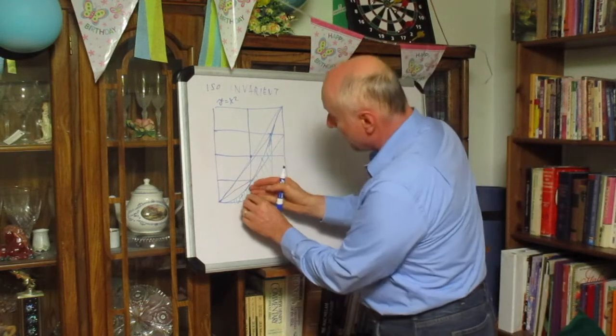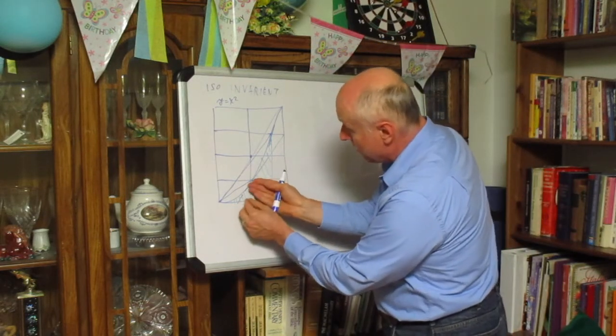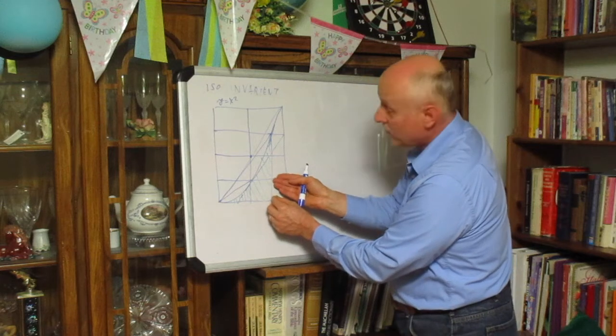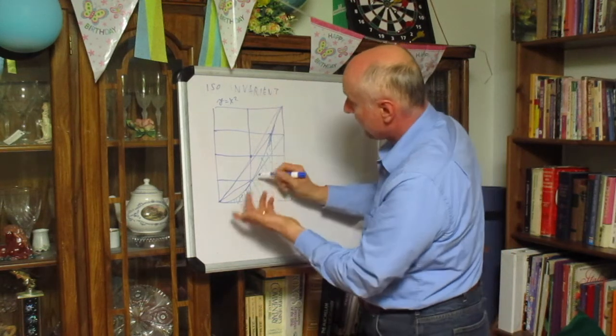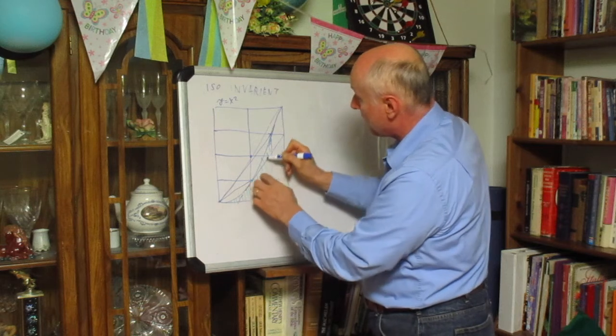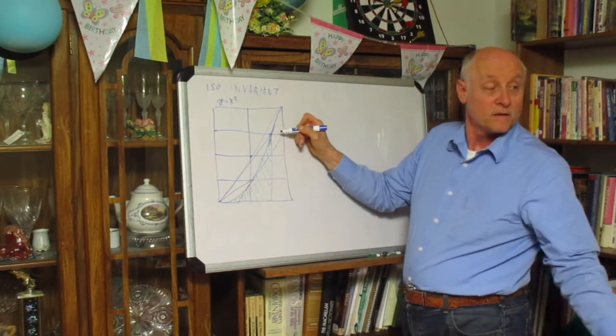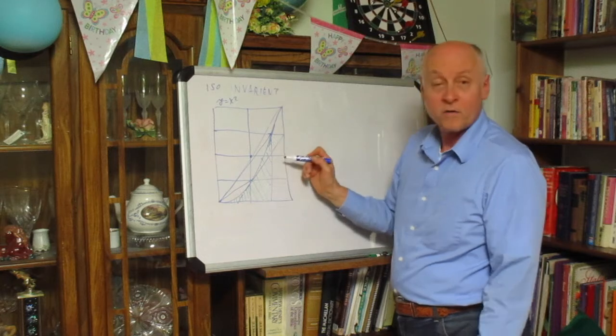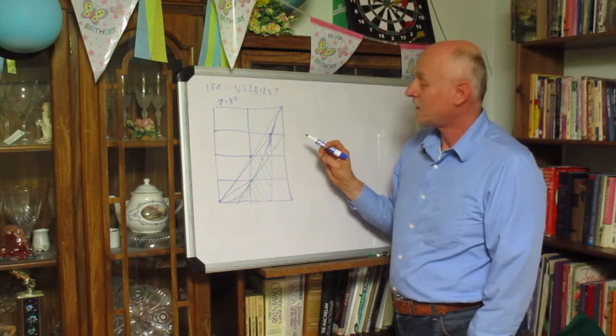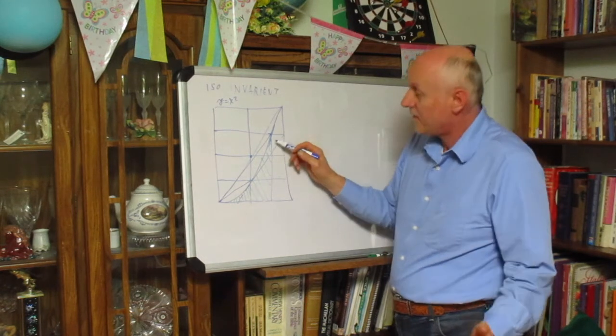Simply pull to here and then pull up. Effectively you've pulled this point along here. The slope ratio has to be the same, and the area ratio is the same.